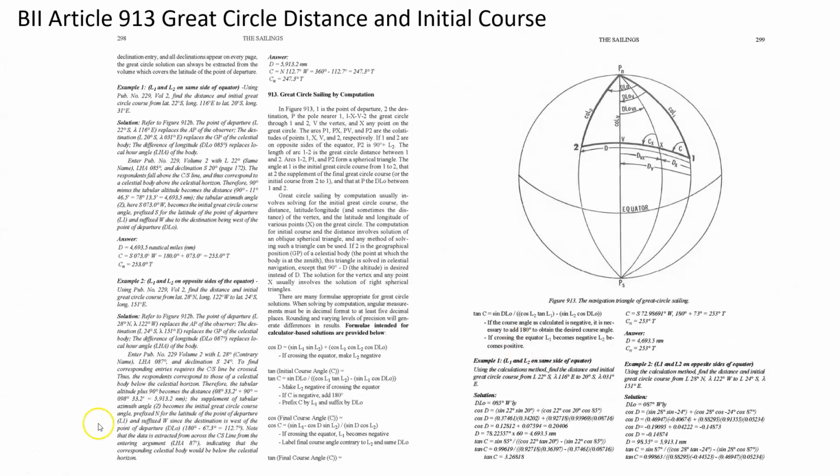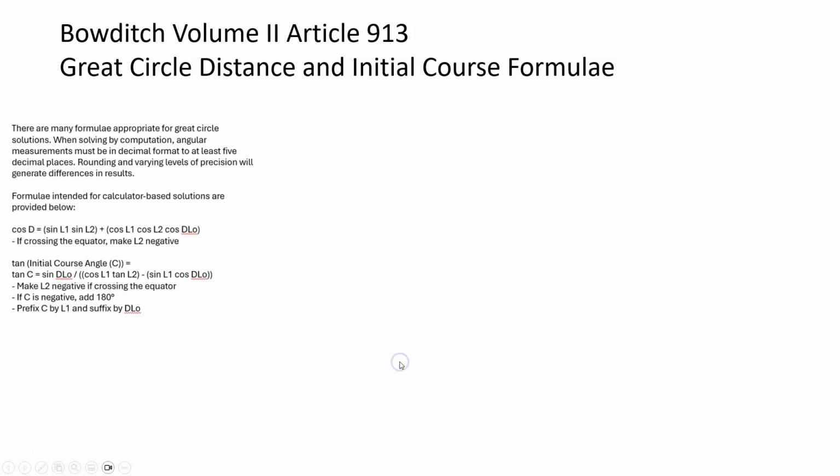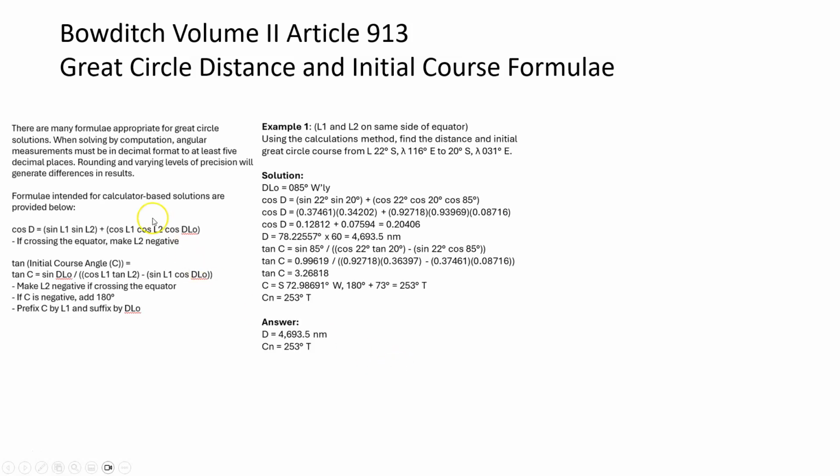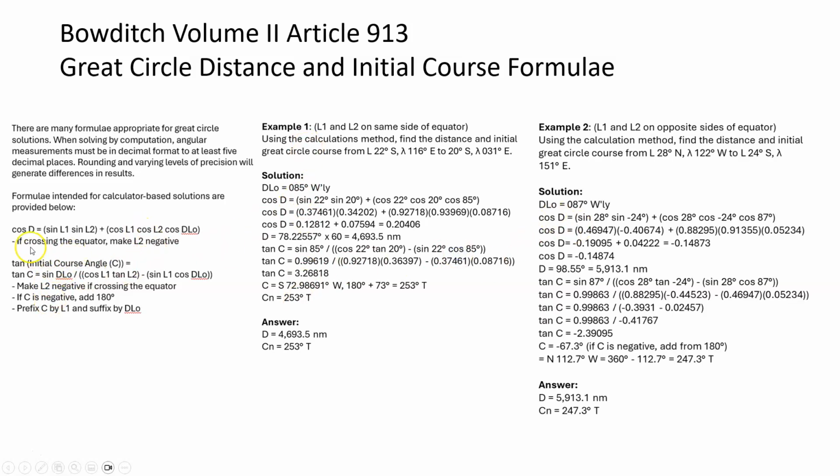Now we're going to go to the next slide, which focuses on the formulas that we're going to use in example 1 and example 2. This is an excerpt from that page. Here are the two formulas and their rules, and then here's example 1 and example 2. Now, this first rule: make L2 negative when crossing the equator.